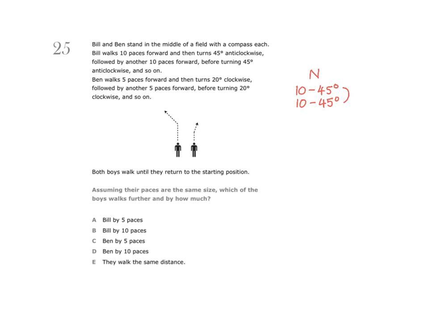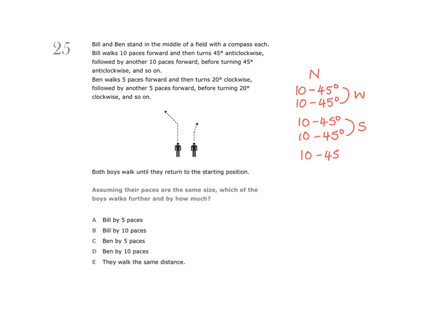So after a 90-degree turn in total, he would be facing west. He would then repeat this, 10 paces and another 45-degree turn anti-clockwise, and the same thing would happen again, and that would be another 90-degree turn, meaning he would now be facing south.